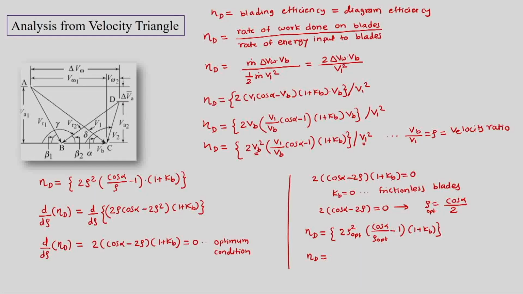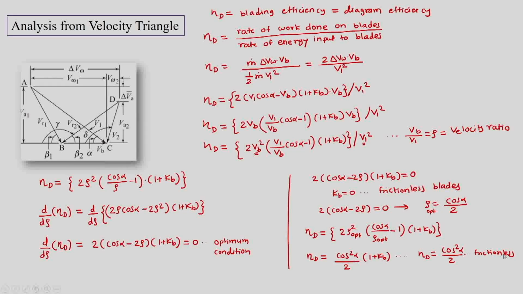So we will have diagram efficiency equal to cos square alpha by 2 into (1 plus KB). This is our expression for diagram efficiency, and for frictionless blades it becomes diagram efficiency equal to cos square alpha by 2 for an impulse turbine in the frictionless case.